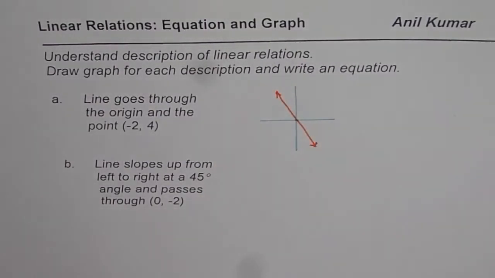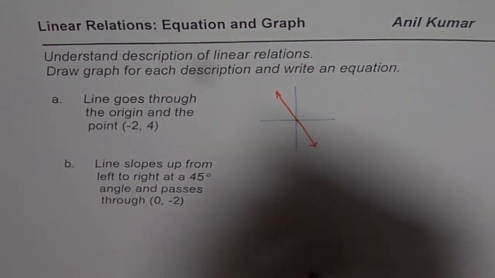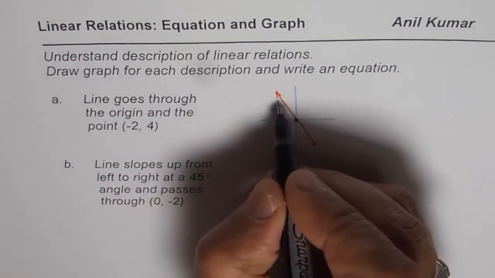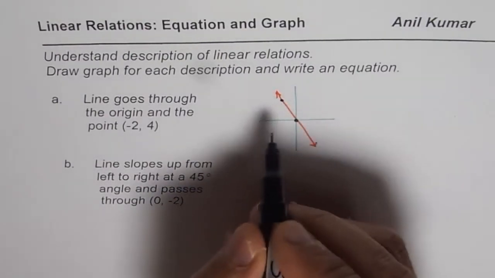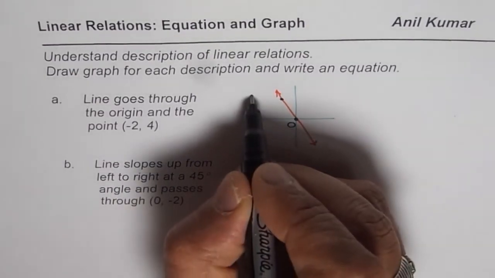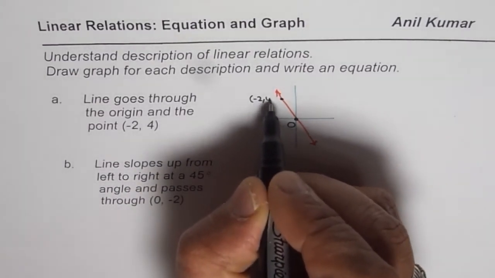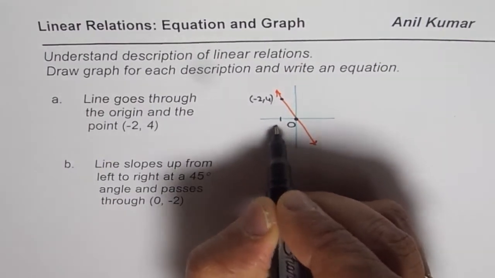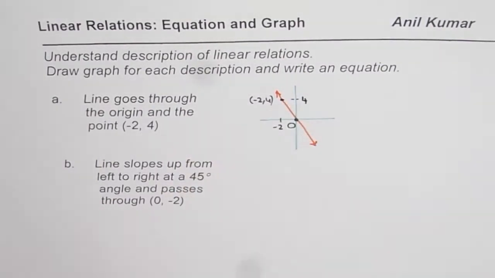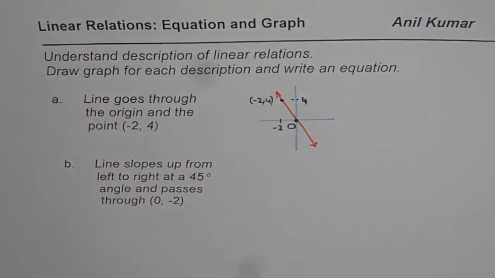A straight line you'll always get if you connect 2 points. So the 2 points given to us in this particular case are origin 0 and the second point is -2, 4. It really means that the x value is -2 and the y value is 4. So that is the graph of the line, right?